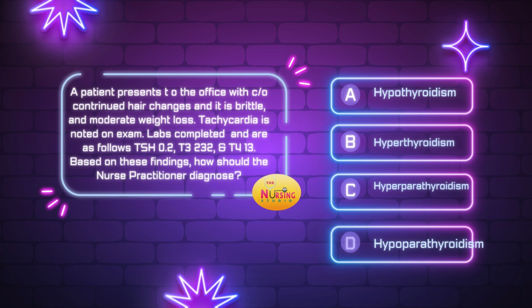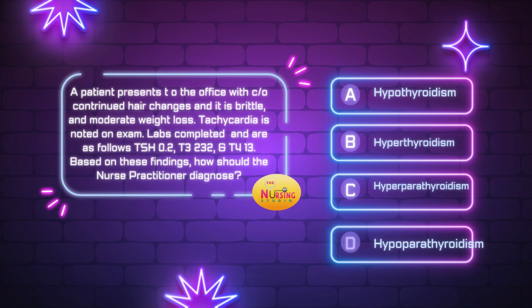But with hyper, I say think of someone hyper like they're running, running, running. So you're running, you're sweating, your hair is brittle from all of the excess sweat. Your heart rate is up because you're running this race, right? And because you're running all the time and you're hyperactive, you're losing weight. That is classic presentation for hyperthyroidism, whereas hypothyroidism is the opposite. Slow and slow, they're not really wanting to get up and do anything.